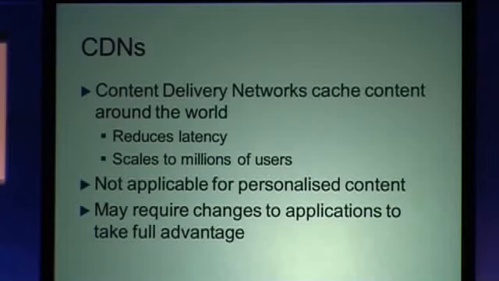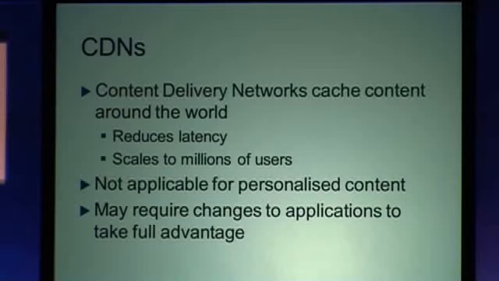doing high availability and also high scale is the use of content delivery networks. So how many people are writing websites using CDNs at the moment? No? Not one. Oh, one. So which one do you use? Akamai? Level 3, right.